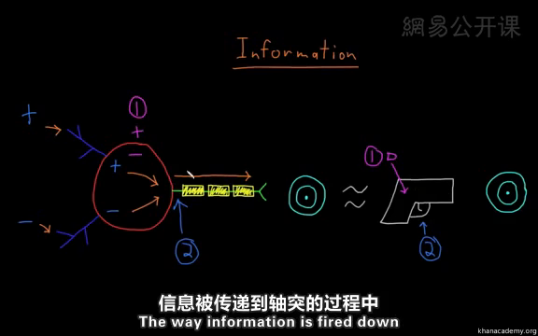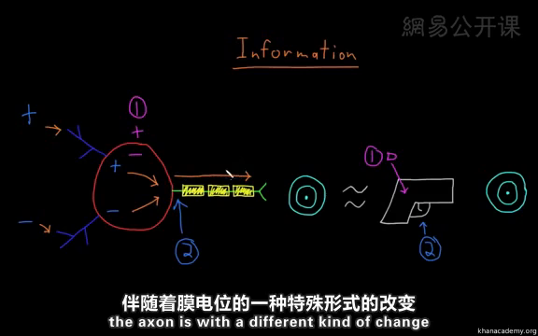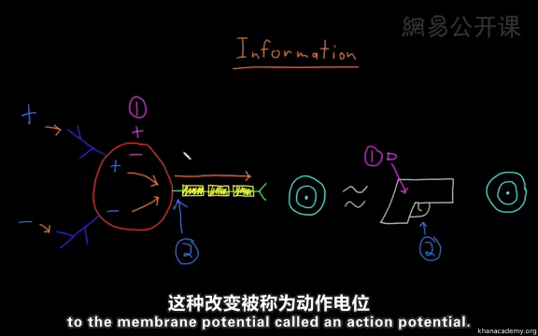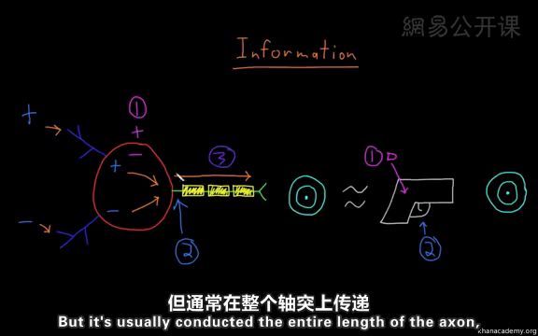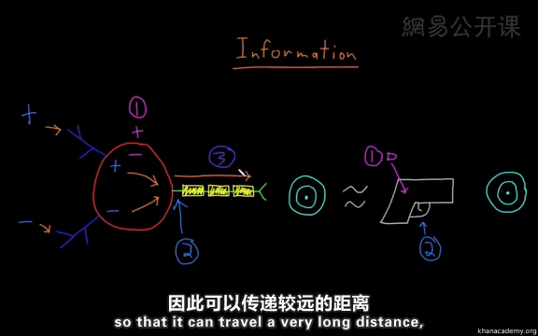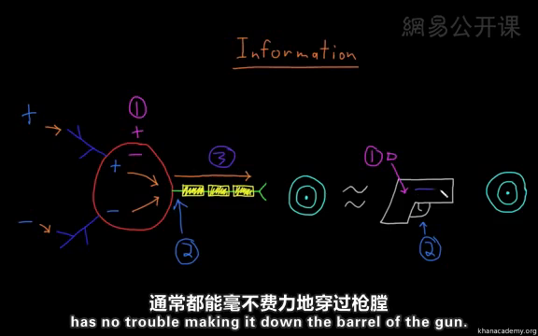The way information is fired down the axon is with a different kind of change to the membrane potential called an action potential. An action potential is usually large in size and brief in duration, but it's usually conducted the entire length of the axon, no matter how long it is, so that it can travel a very long distance, just like a bullet usually has no trouble making it down the barrel of the gun.